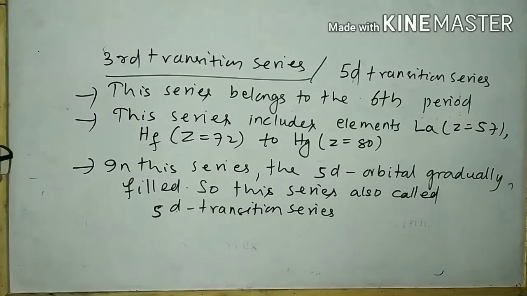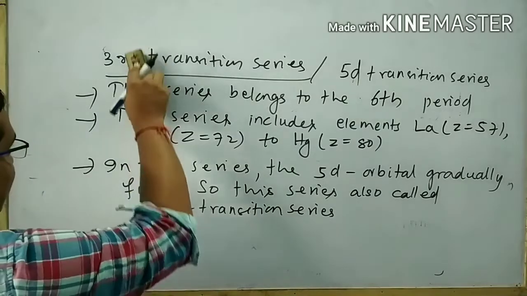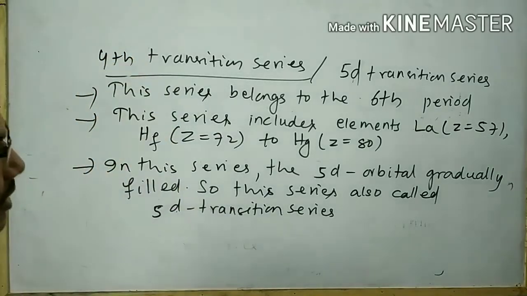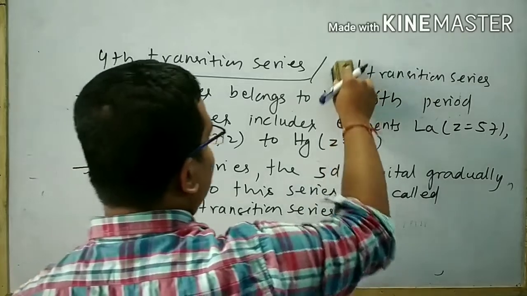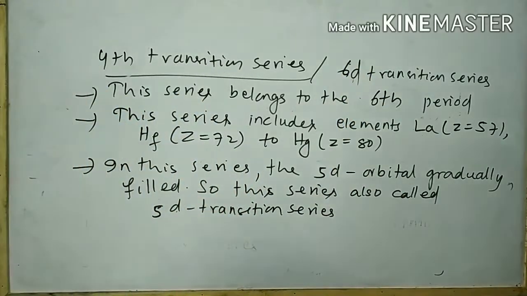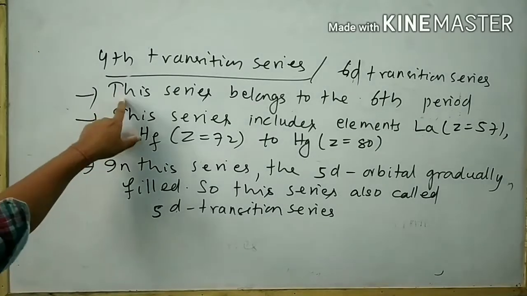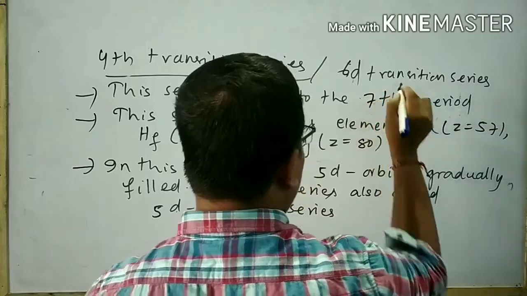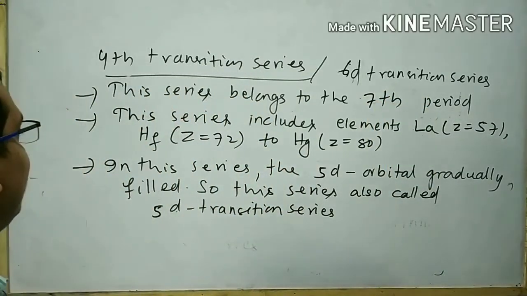Now I will discuss the fourth transition series, which you can also call 6d transition series. And we can write the points. This series belongs to the seventh period, that is the last period of the modern periodic table.